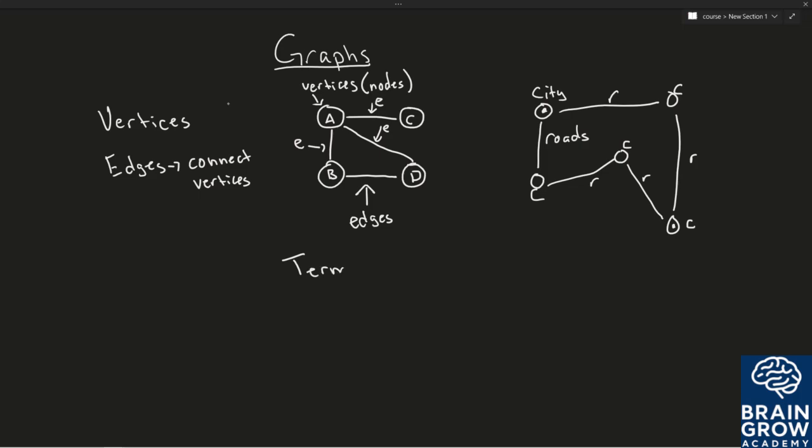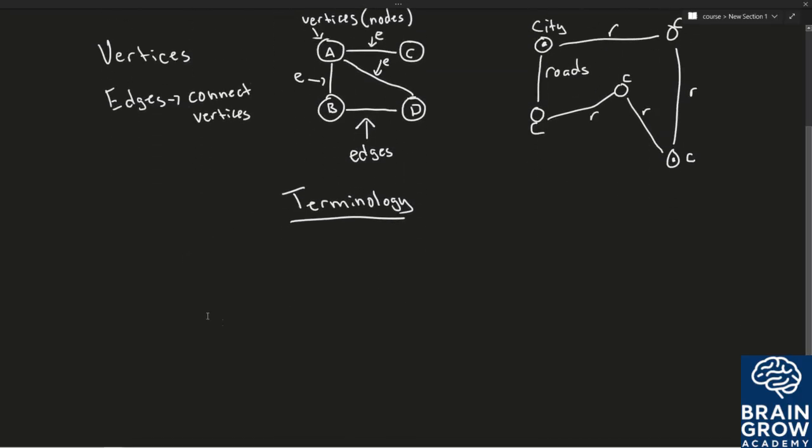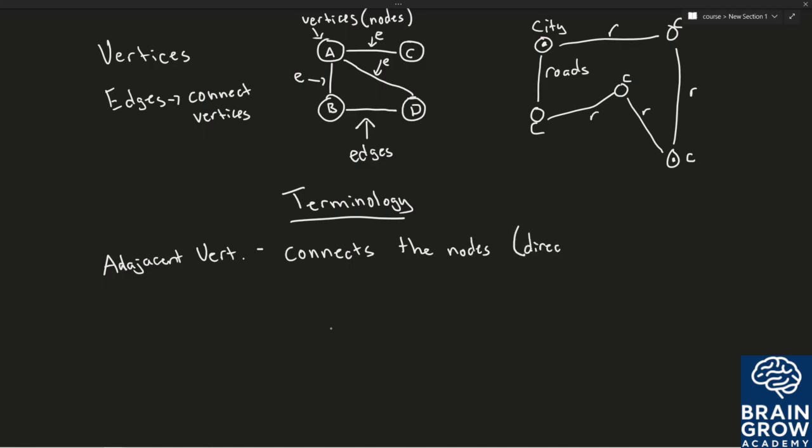We have some additional terminology that we can go over. We have adjacent vertices, and this is what connects the nodes. So a direct edge between the nodes, aka the vertices.